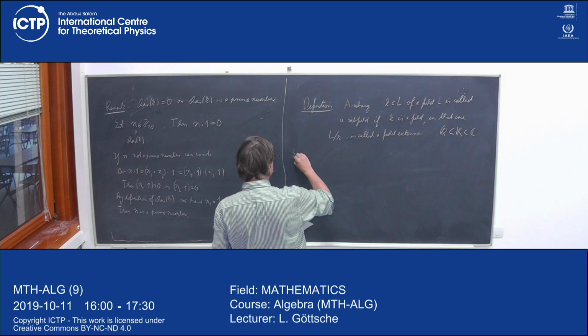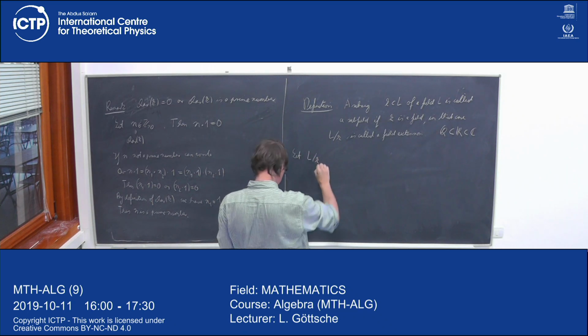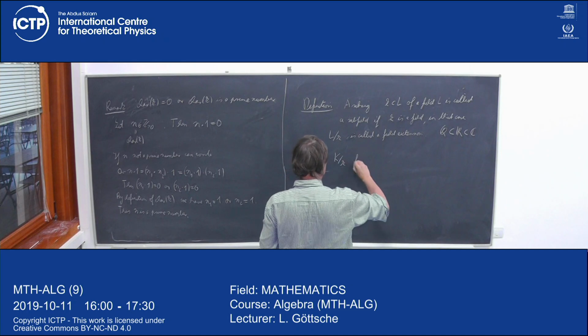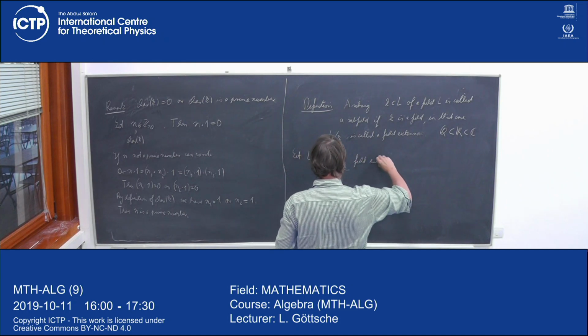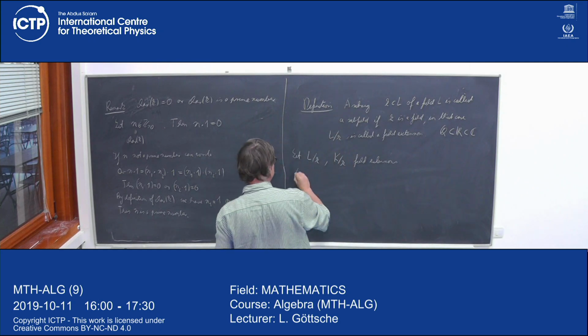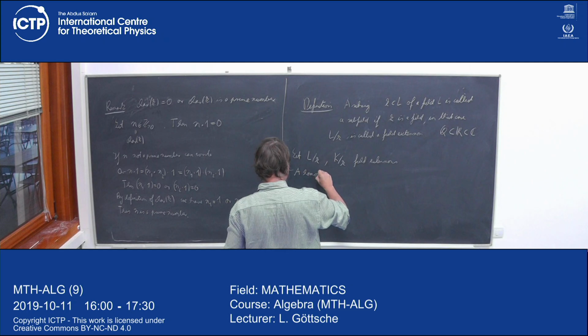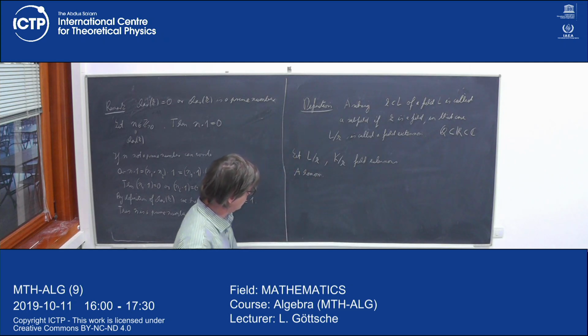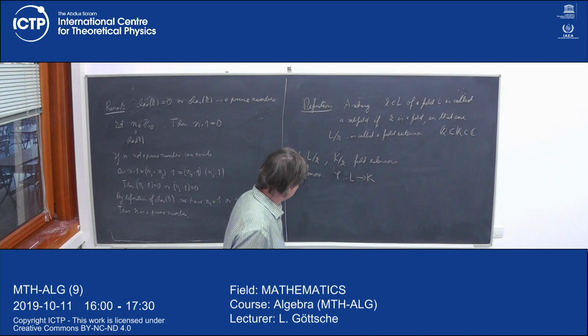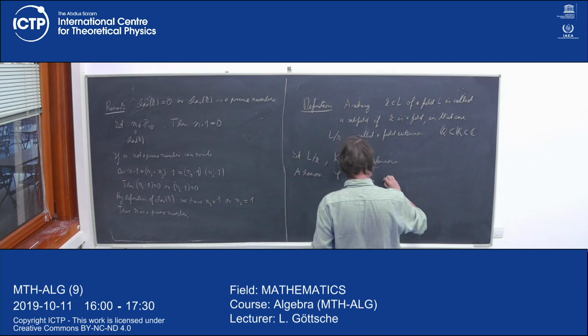So if L over K is a field extension, and K over k are field extensions, a homomorphism of rings, and therefore fields, from L, so I say phi, from L to K, is called a k-homomorphism.